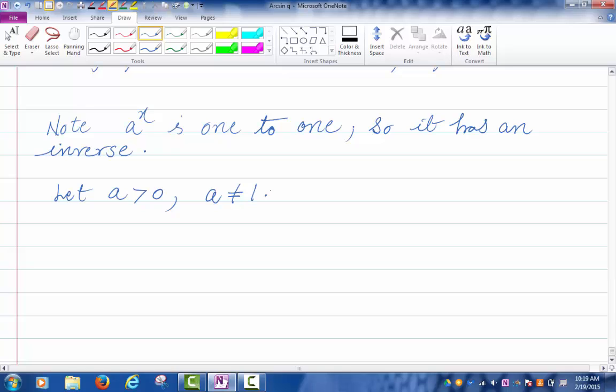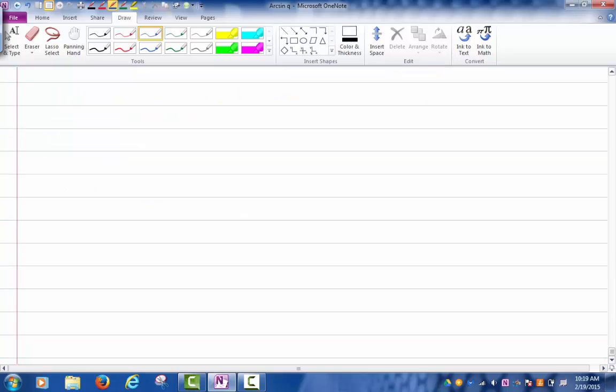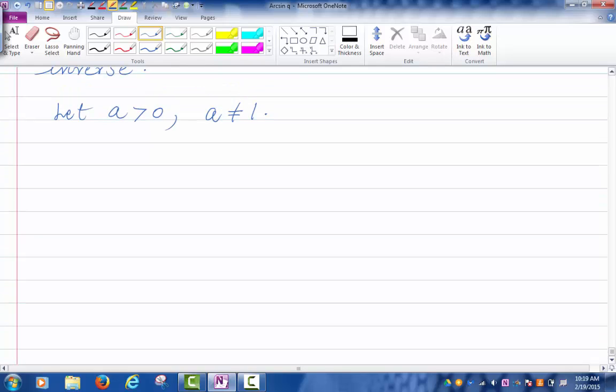Someone please say, what's the domain of a to the x? We looked at the graph, so you better know what's the domain, right? The domain of a to the x is all real numbers. We defined it for all real numbers. And what's the range? Remember, a to the x is always positive, 0 to infinity. So what would be the range of log base a?